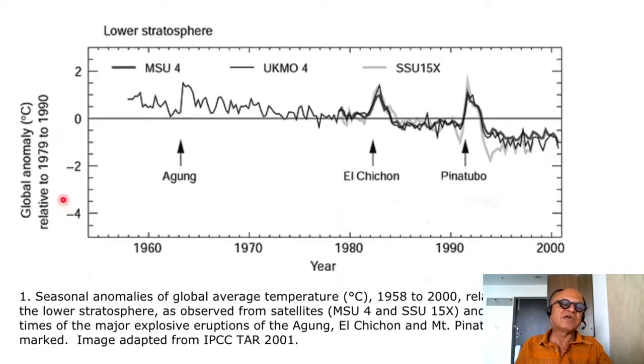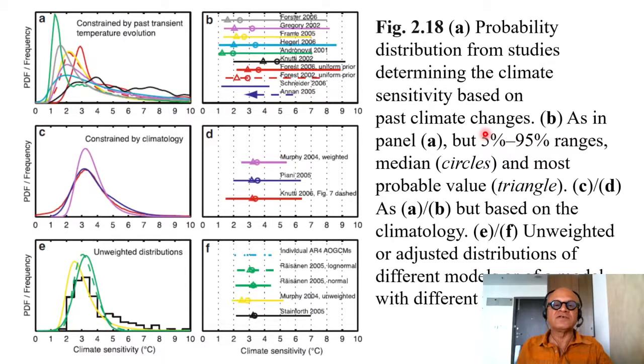Global anomaly relative to 1979 to 1990, so lower stratosphere from the sounding unit from UK Met Office estimates, and this is another product here, balloons. This is from the balloons, and this is some other product. You can look it up. Okay, so basically volcanoes perturb the stratospheric temperature, but the trend is clear that there is a cooling happening in the stratosphere, which is consistent with the physics and the fact that models are doing it properly.